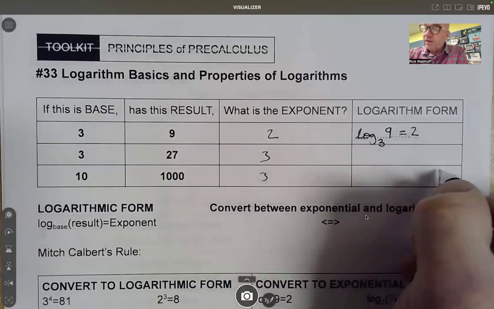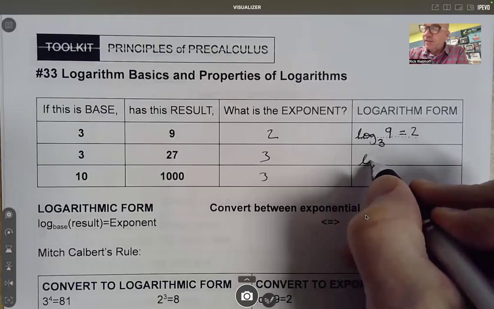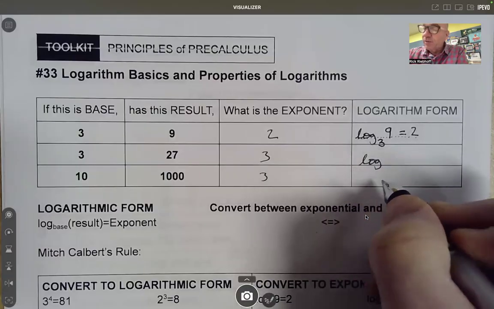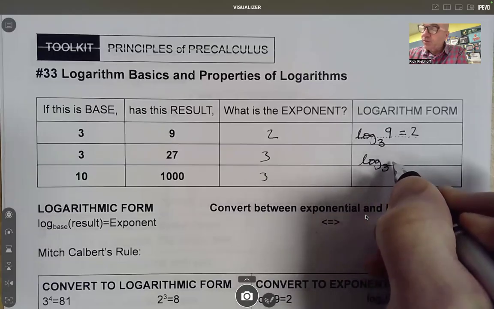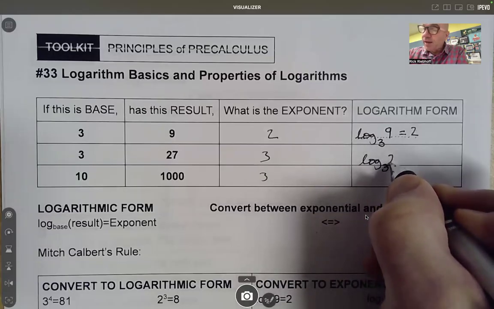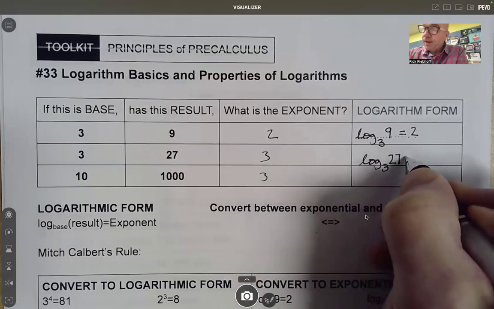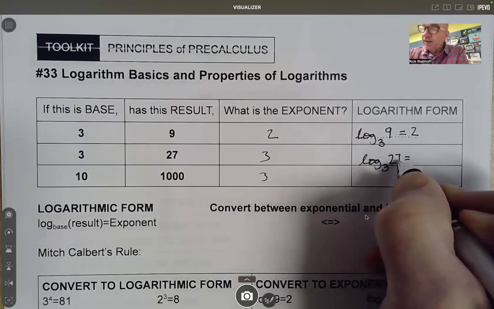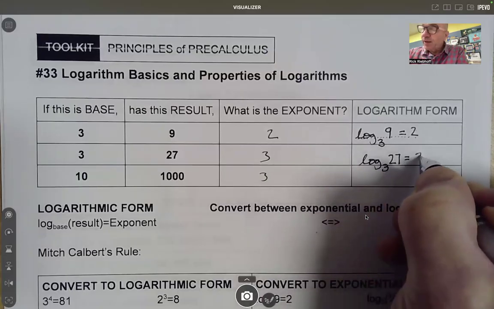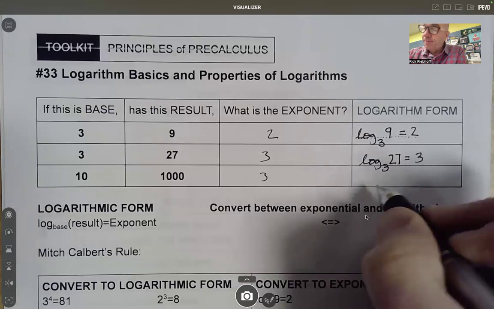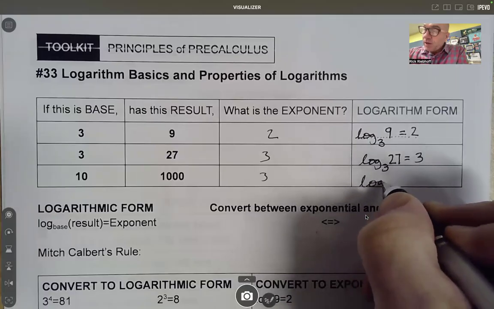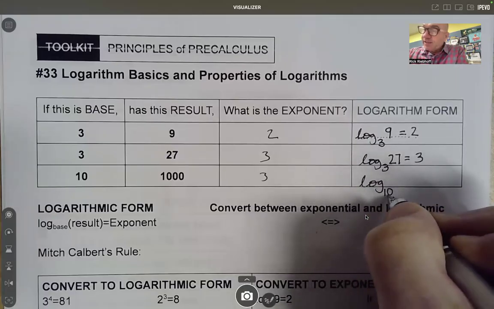Let's do the same thing here. I'm going to use this line that already exists as the line. You have to do this right, otherwise you're going to get yourself in trouble. So log subscript 3, back on the line, 27 equals 3, so log base 3 of 27 equals 3, because 3 to the third power is 27. Log base 10. Again, 10 is the subscript.